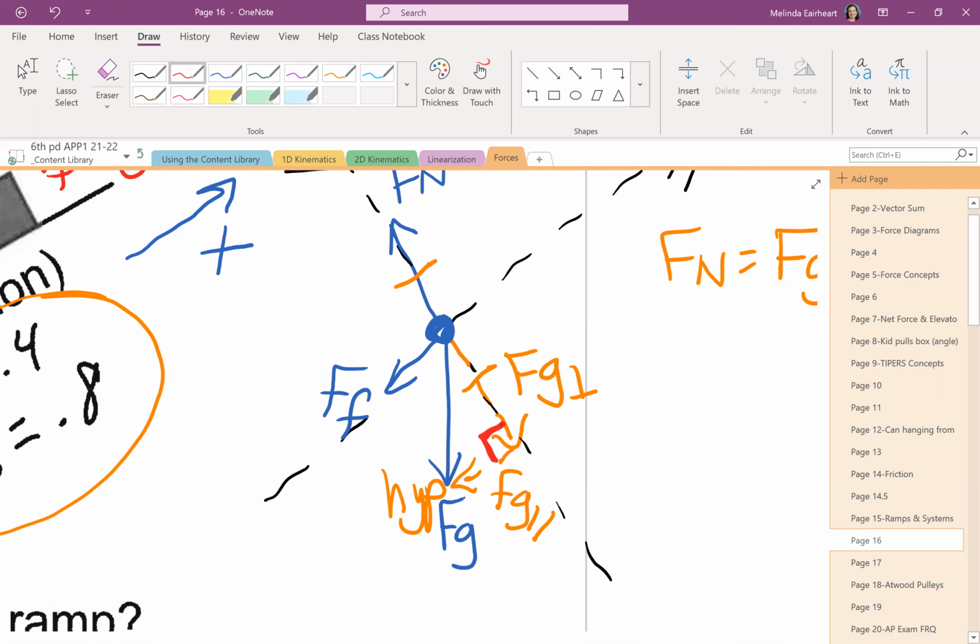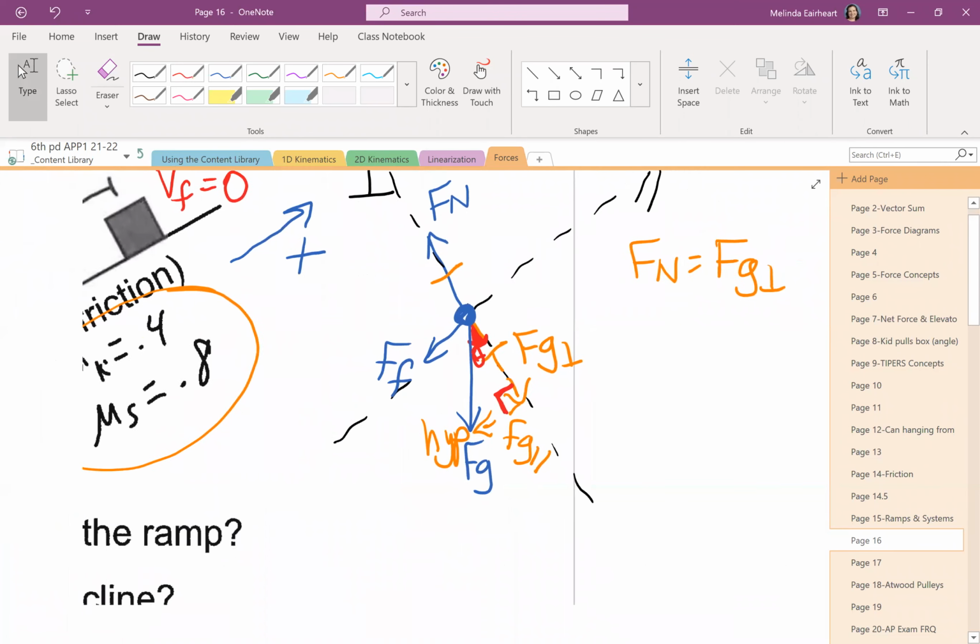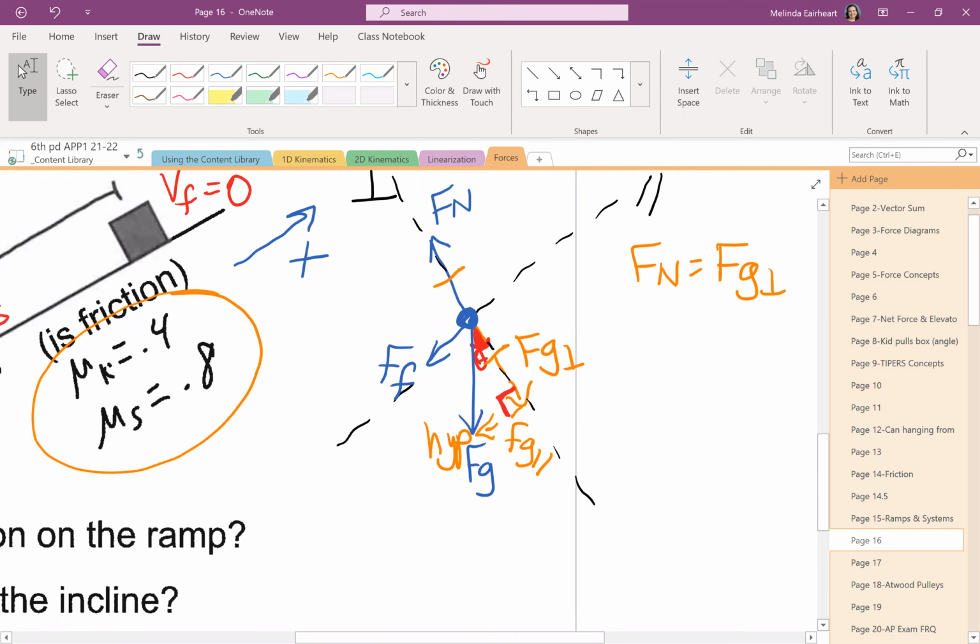New axis, Fg perpendicular. And so it's going to separate those two. And so there's our theta. Okay. And so they want the acceleration. Well, it's going to accelerate in our parallel direction. So step 2, let's write our Fnet parallel statement.